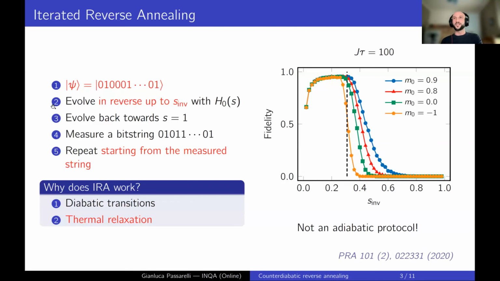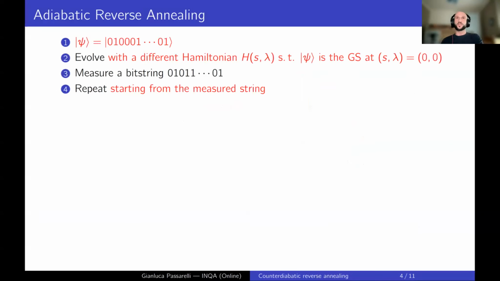But lucky for us, a few years later, there was another proposal of a reverse annealing protocol that is instead based on the adiabatic theorem, and it is known as adiabatic reverse annealing. It was proposed by Professor Nishimori and collaborators, and it looks like this. So as before, you want to initialize your state as a classical bit string, but this time you want this classical string to be the ground state of the Hamiltonian at t equals 0.